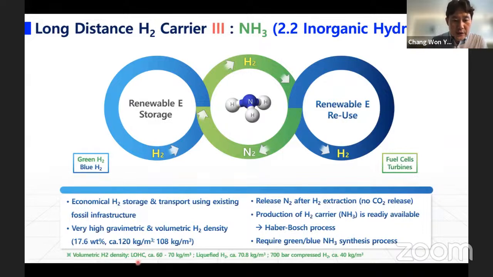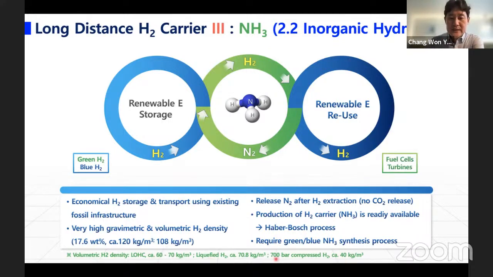If you remember, the volumetric hydrogen storage density of LOHC is about 45, and some LOHC has 60 or 70 kilograms of hydrogen per cubic meter. The liquefaction technology provides about 70 kilograms per cubic meter, and 70 bar compressed hydrogen is about 40 kilograms of hydrogen per cubic meter.